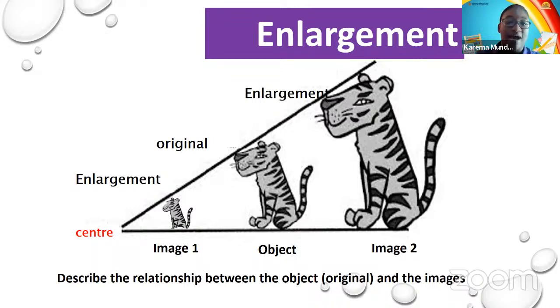We also have an image 1 and an image 2. Beneath it, it asks you to describe the relationship between the object, which is the original, and the images. So feel free to talk, whether in the chat or on mute, and tell me what it is that you're noticing when you compare, for example, the object to image 1.